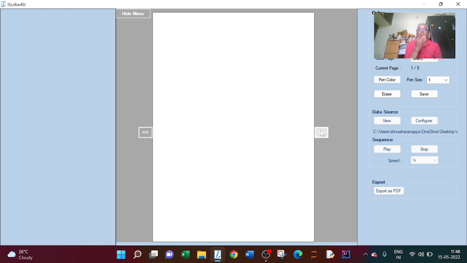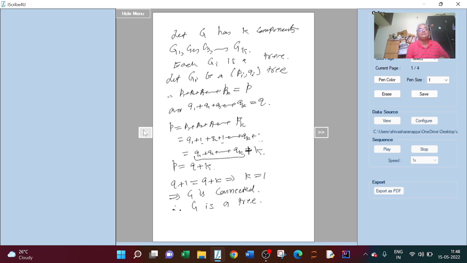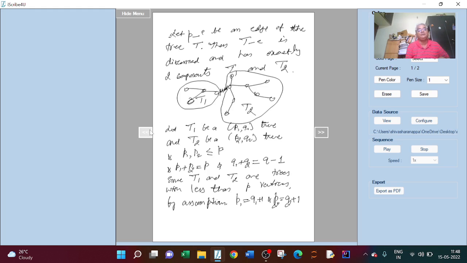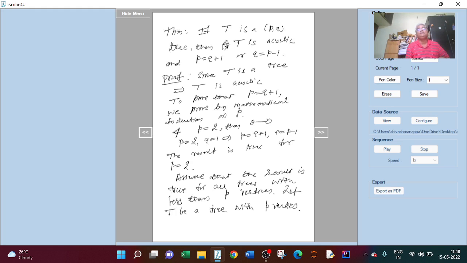Next example, one more result. And here if I combine these two results, this result: if a PQ graph G is acyclic and P equal to Q plus 1, then G is a tree. And the previous result: if T is a PQ tree, then T is acyclic.